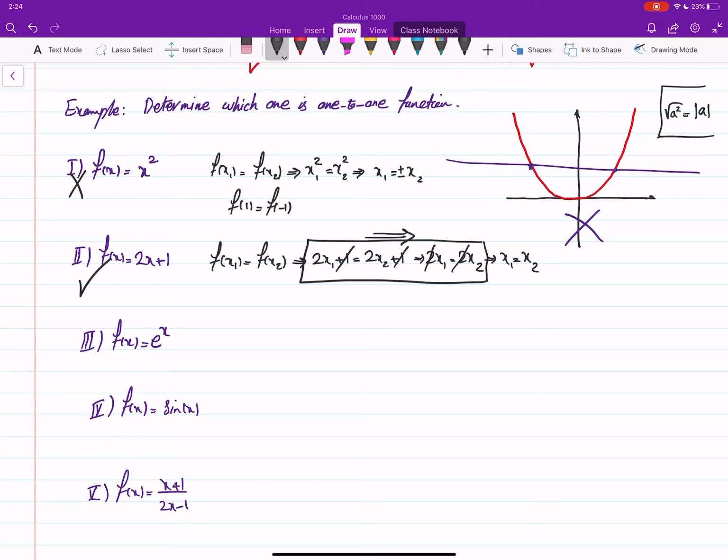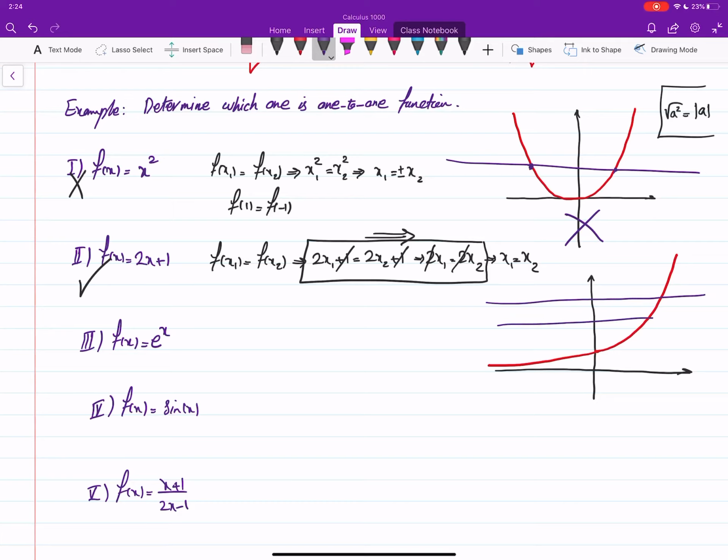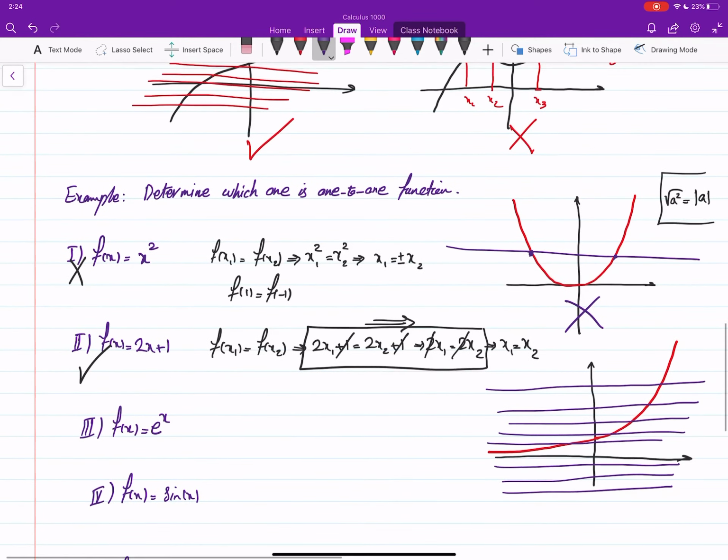For this one, e to the power x, we can do the graph. We know the graph of the function e to the power x. We actually know the graph of all exponential functions is of this form or the other direction. And when you draw all the horizontal lines, you notice that it either intersects once with this graph, or like this one, never, none.